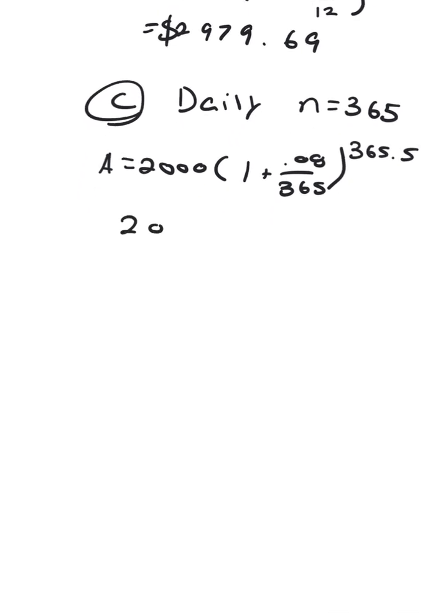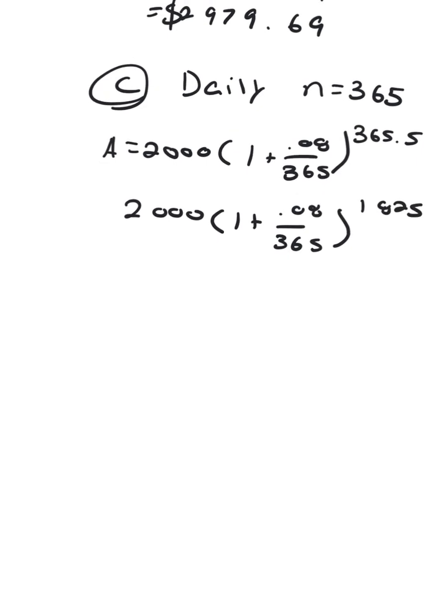This comes down to 2,000 times 1 plus 0.08 over 365 to the 1,825 power. Let me solve this. This will come out to 2,983.51867.